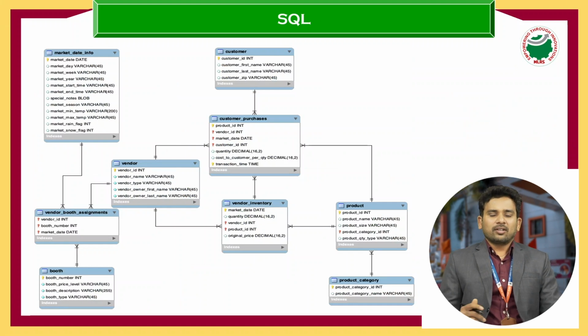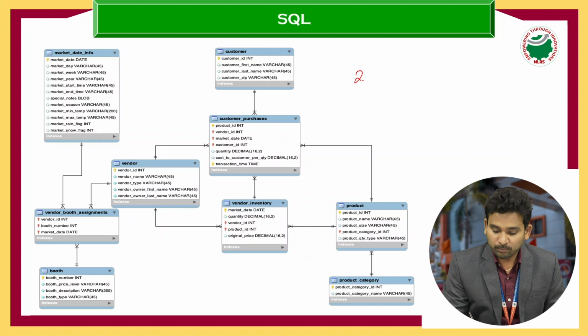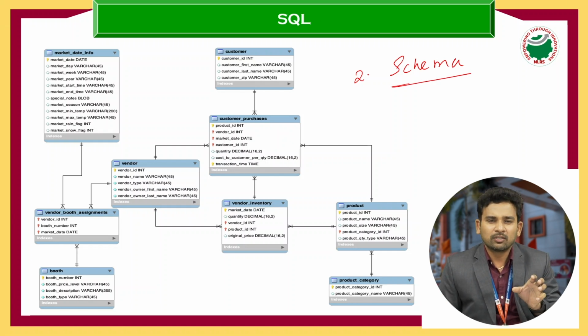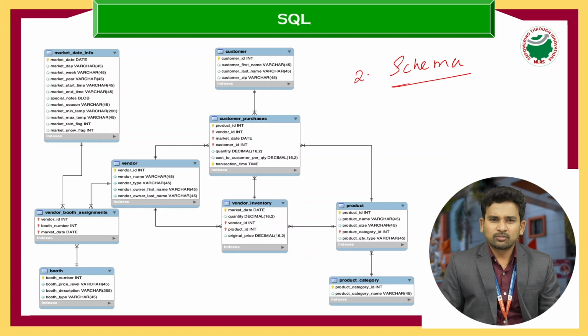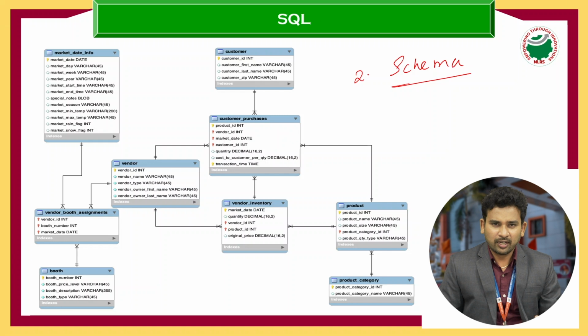Next, the second topic. Now we will discuss the schema. This is very important before we work on SQL databases. First of all, any SQL engineer has to understand the schema.